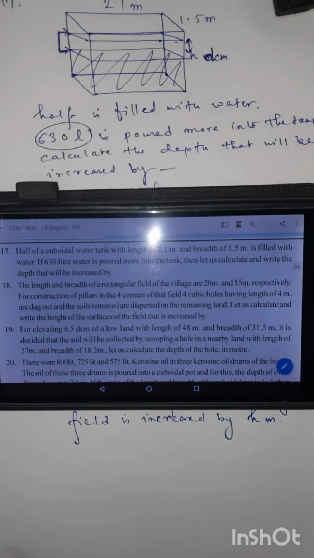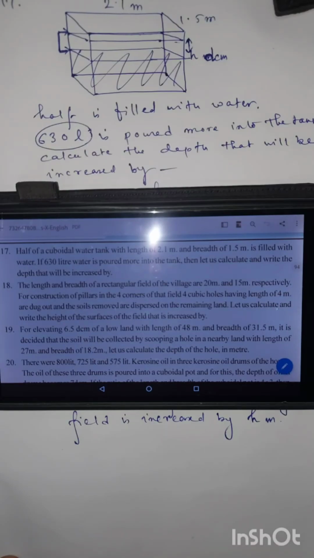For construction of pillars in the four corners of that field, 4 cubic holes having length of 4 meter are dug out, and the soil removed is dispersed on the remaining land.